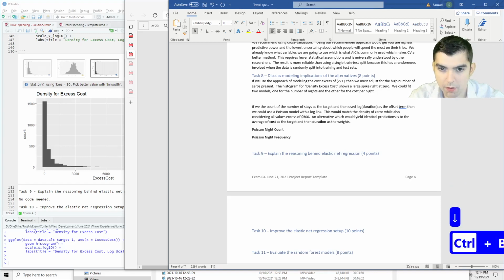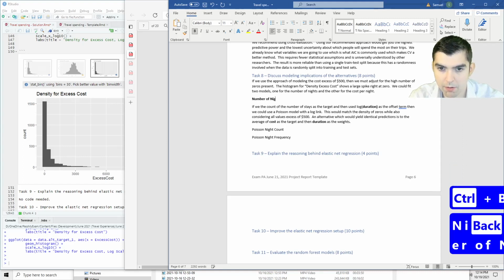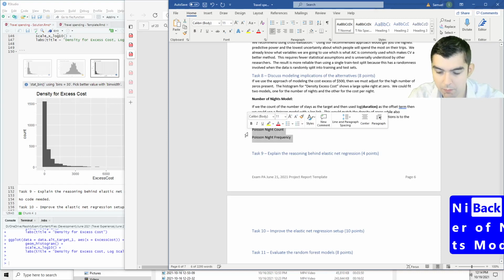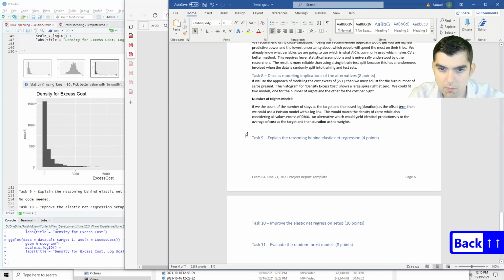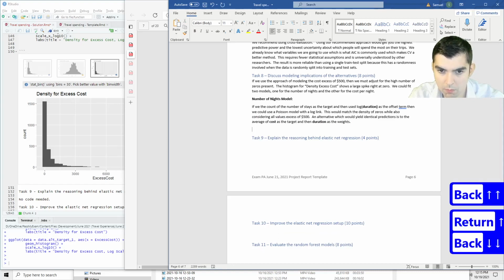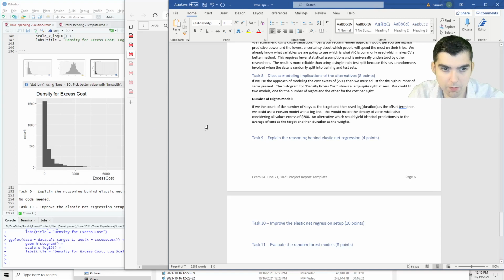So this is called the number of nights model, is right here.